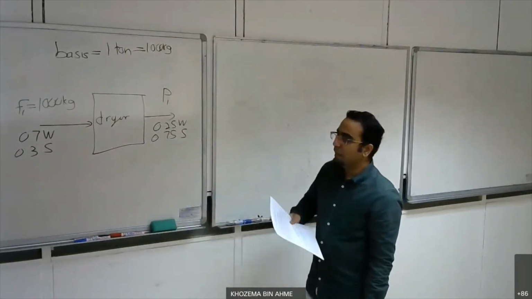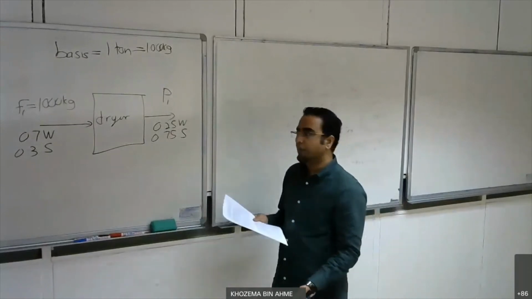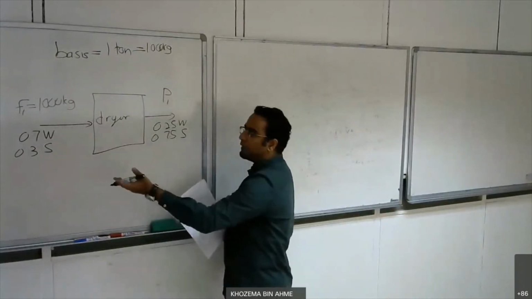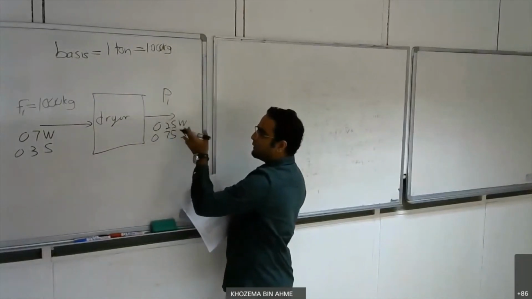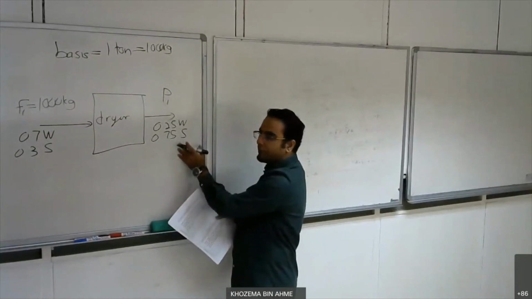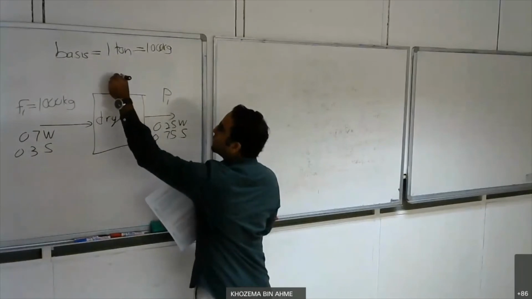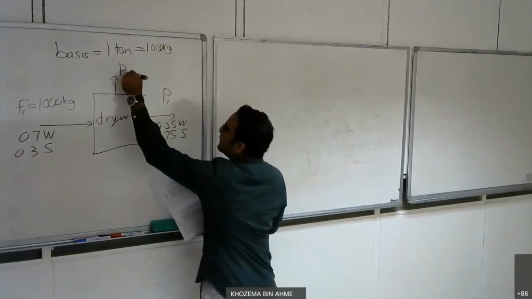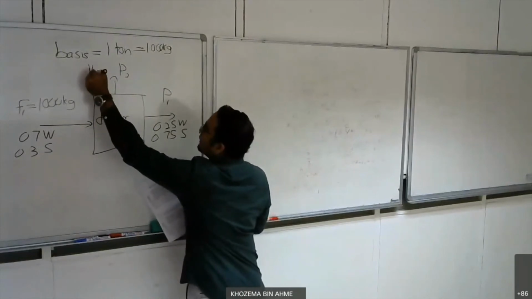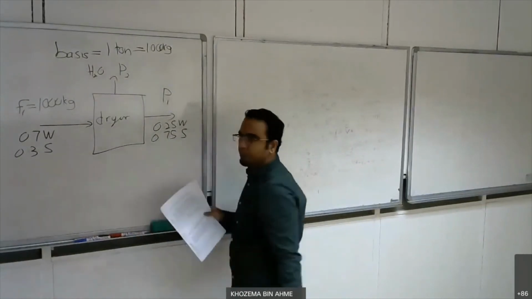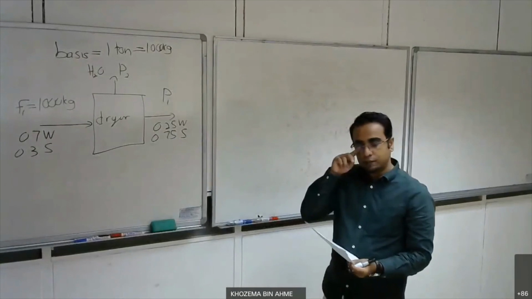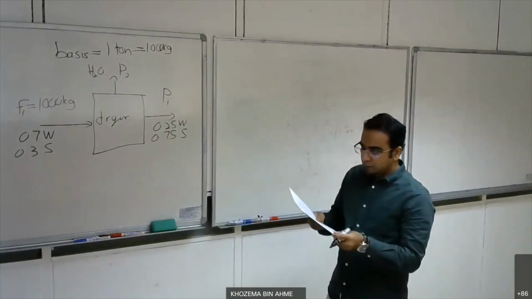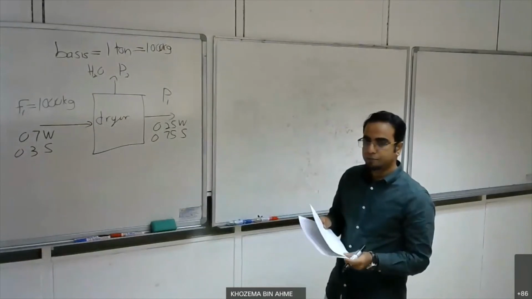Then the concept of a dryer is that when you have a wet solid coming in, it will contain some moisture, and most of the water will be evaporated. So I know my P2 here is only H2O, the composition is 100% water. So this is my question.